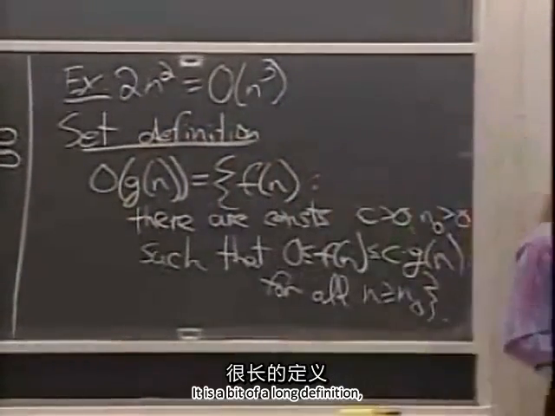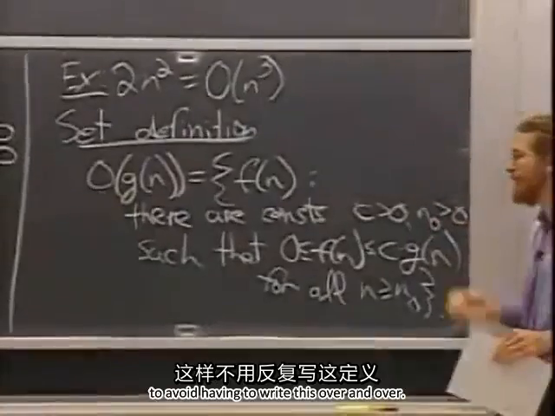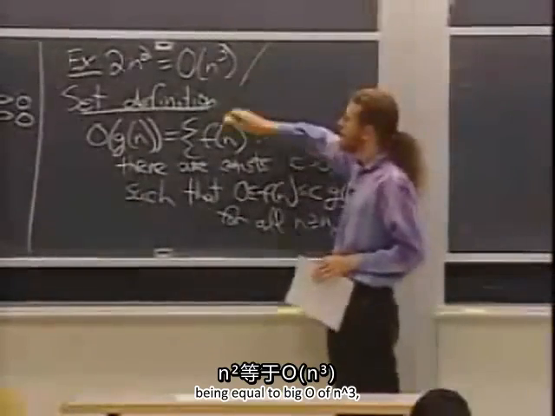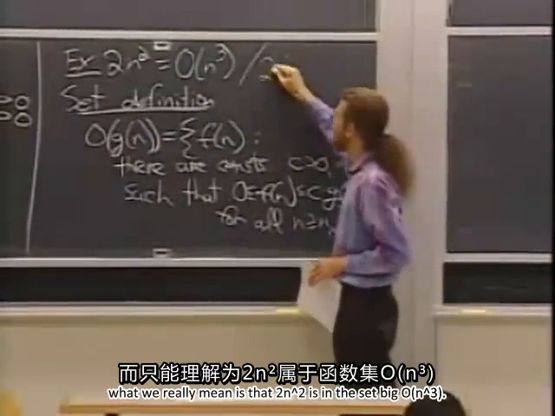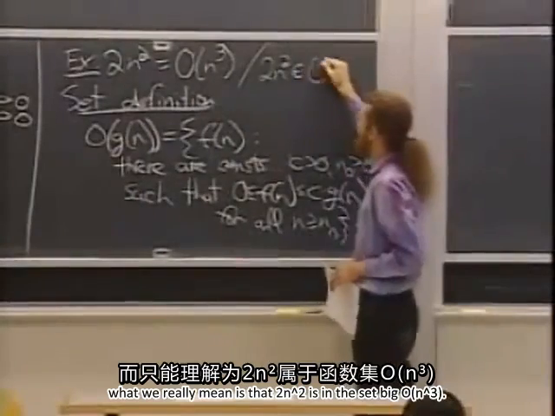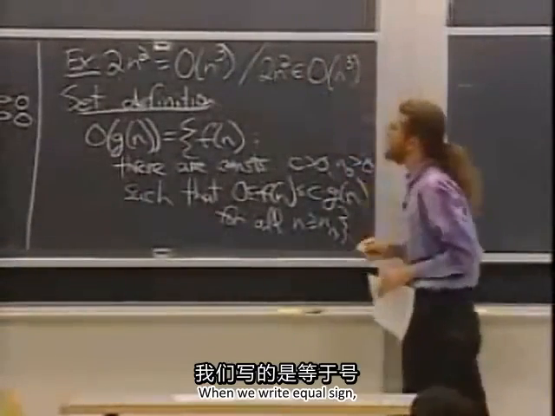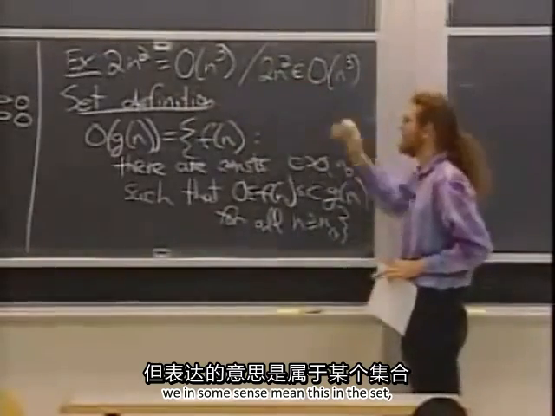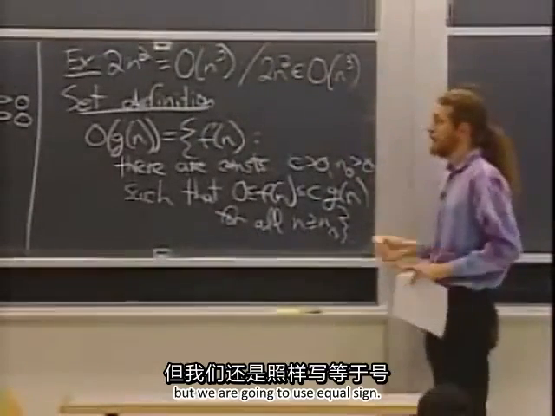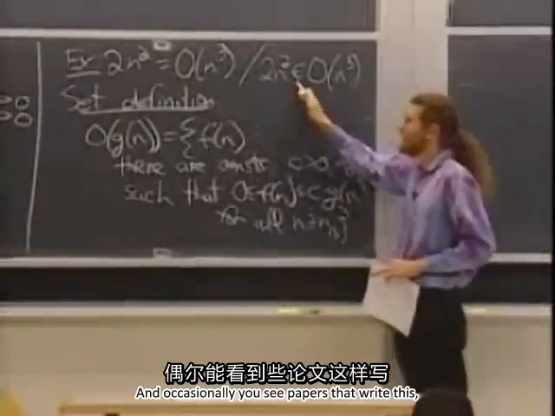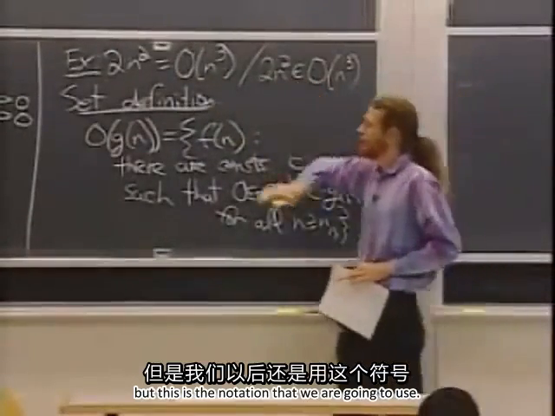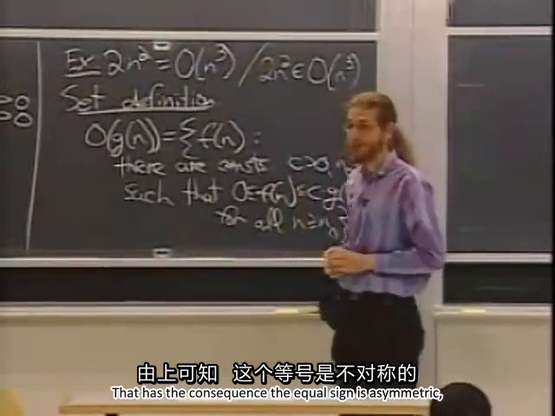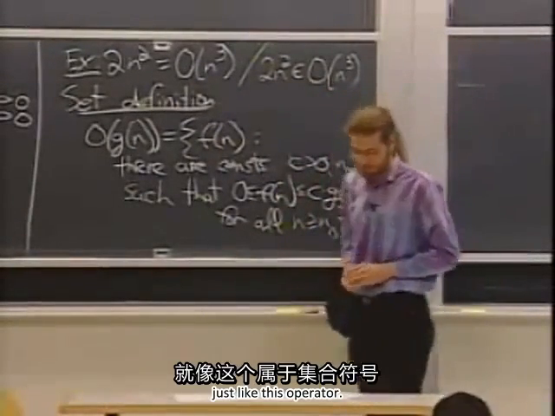It's a bit of a long definition, and that's why we use the notation, to avoid having to write this over and over. So instead of 2n squared being equal to big O of n cubed, what we really mean is that 2n squared is in the set big O of n cubed. When we write the equal sign, we in some sense mean this set membership. You occasionally see papers that write it that way, but the equal sign is the notation we're going to use. That has the consequence that the equal sign is asymmetric, just like this operator.